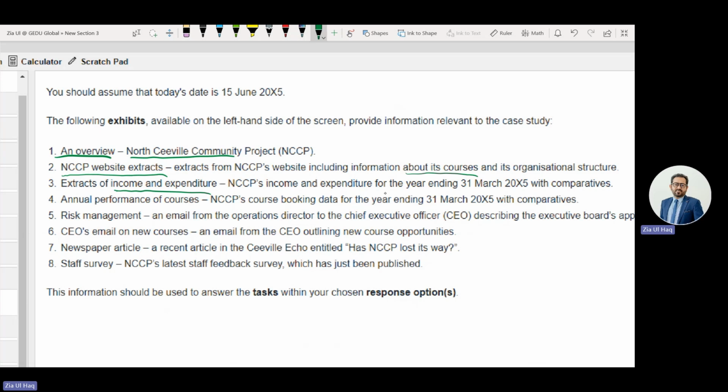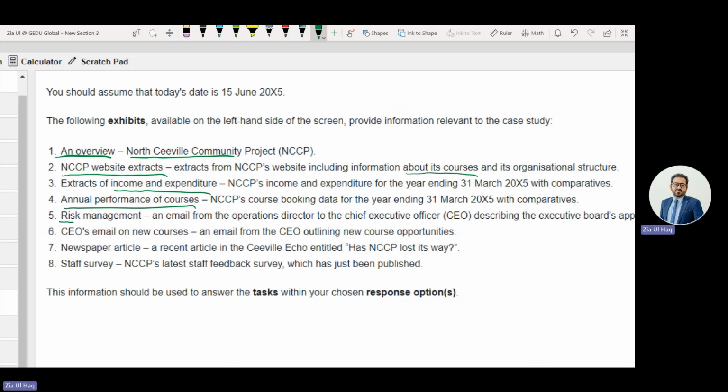NCCP's income and expenditure for the year ended 31st March 2025 with the comparatives. Exhibit 4 is about annual performance of courses, whether the number of students is increasing or decreasing. NCCP's course booking data for the year ending 31st March 2025 with comparatives.